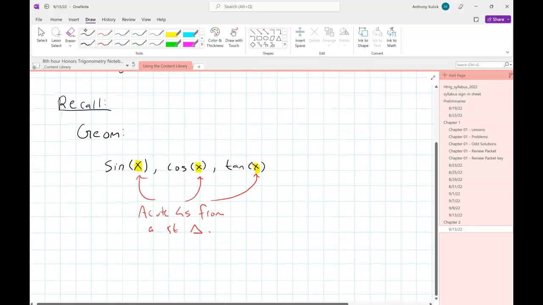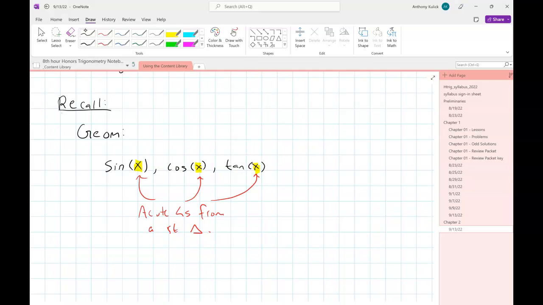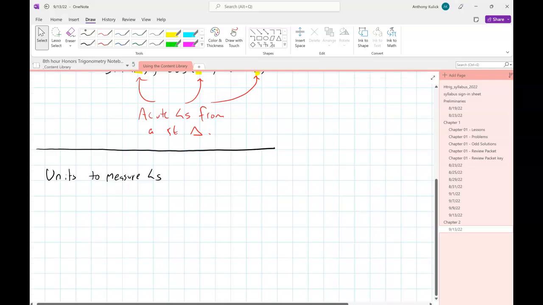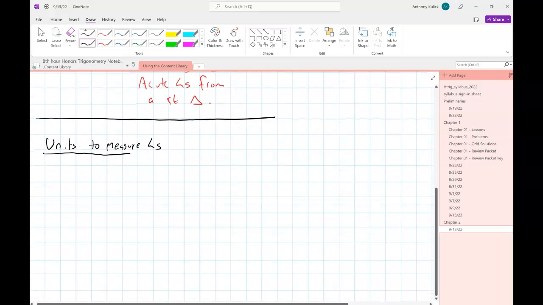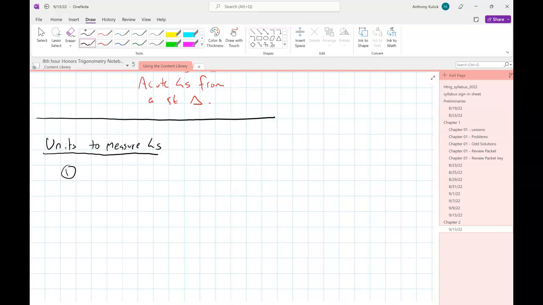But to start with that, we're going to start talking about angles themselves, since that's what sine, cosine, and tangent operate on, right? Everybody's cool? Okay. So units to measure angles. What were the different units we had to measure angles from geometry?